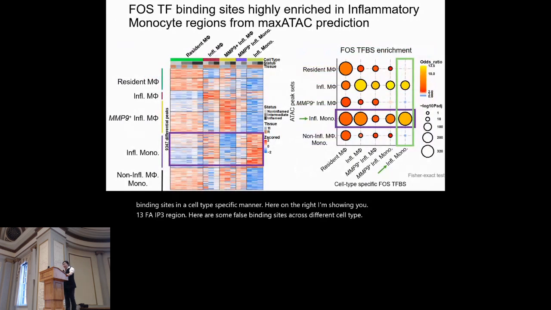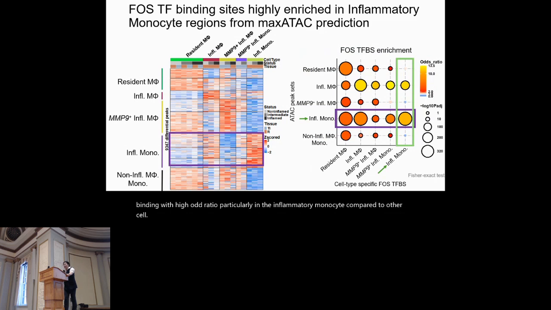And particularly for those sets of peaks, we're testing the enrichment for the FOS binding compared to the background. And particularly, we find those peak regions that are relatively highly accessible in the inflammatory monocyte have a high enrichment of the FOS binding with a high odds ratio, particularly in the inflammatory monocyte compared to other cell types.